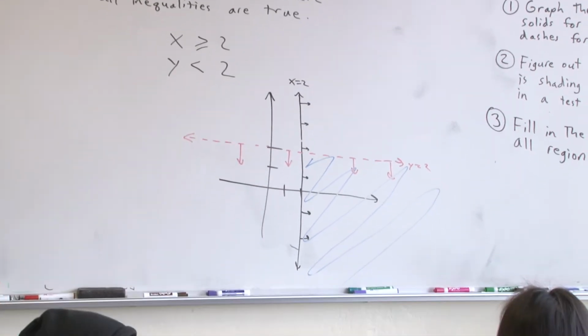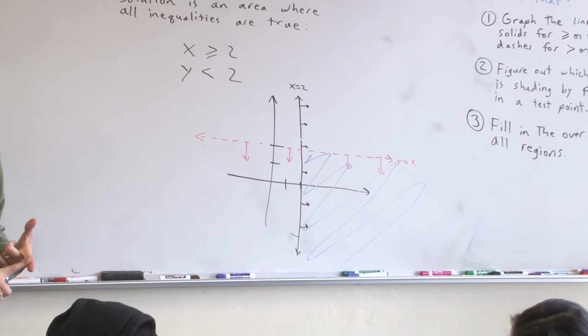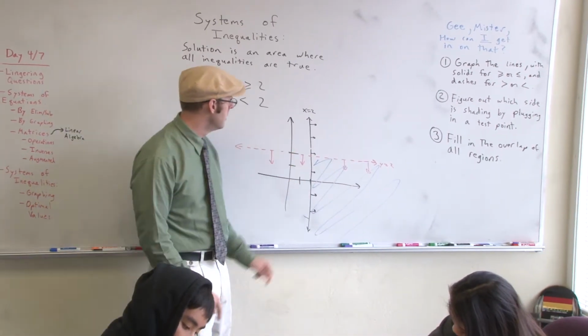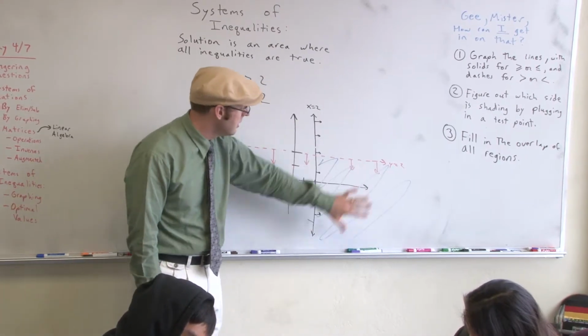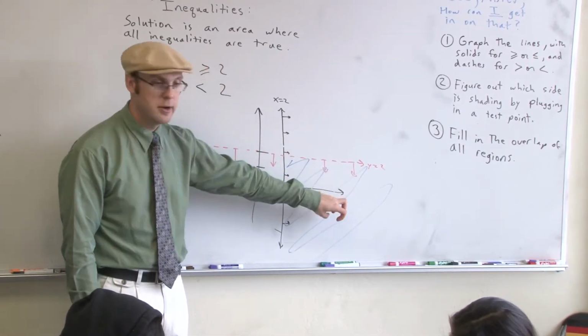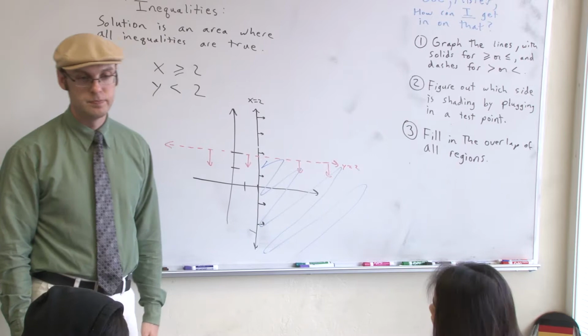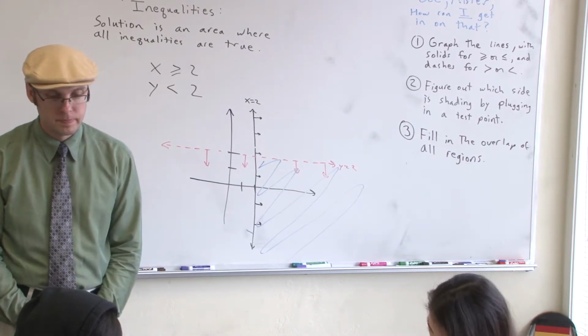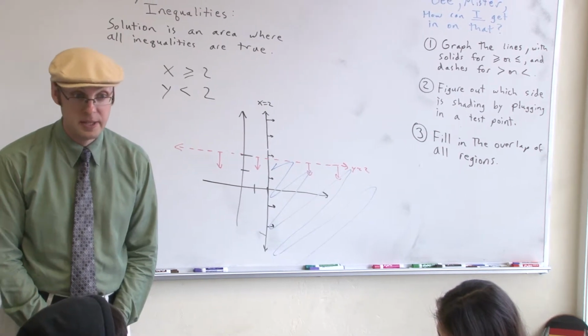So it's those 3 steps. Graph the lines, figure out which side to shade, that's where my little arrows come in, and then fill in the part of the graph where all the arrows are pointing towards. If you do that, you can't go too far wrong, as long as you remember how to graph lines.